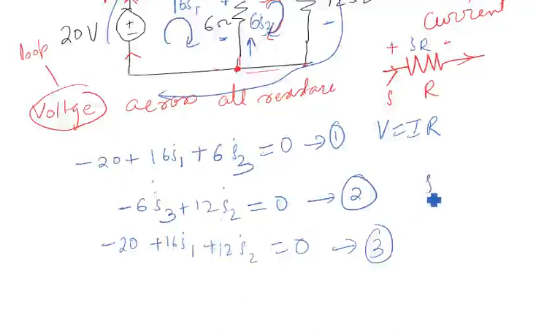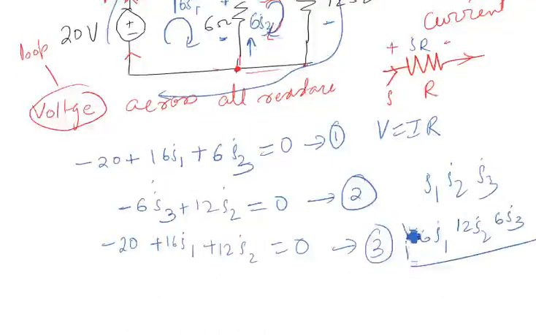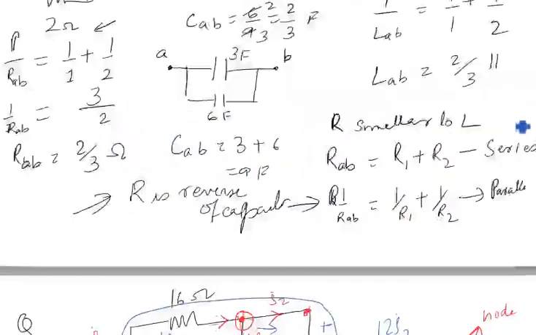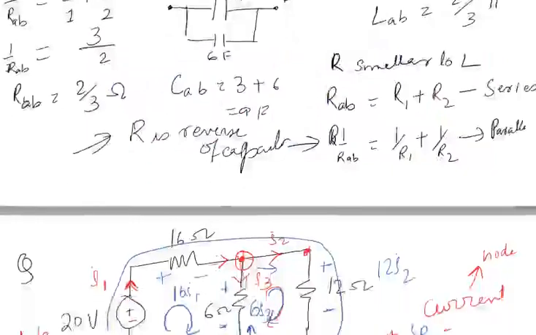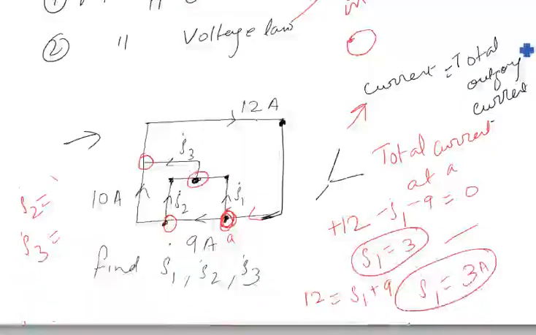You can calculate i1, i2 and i3, and the voltages will be 16i1, 12i2 and 6i3. So these are the three voltage drops. So this is how you can calculate using Kirchhoff voltage and current laws. I hope this is clear.